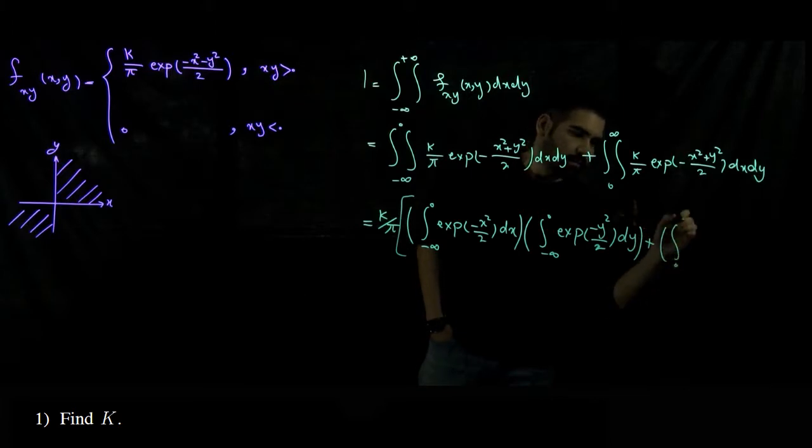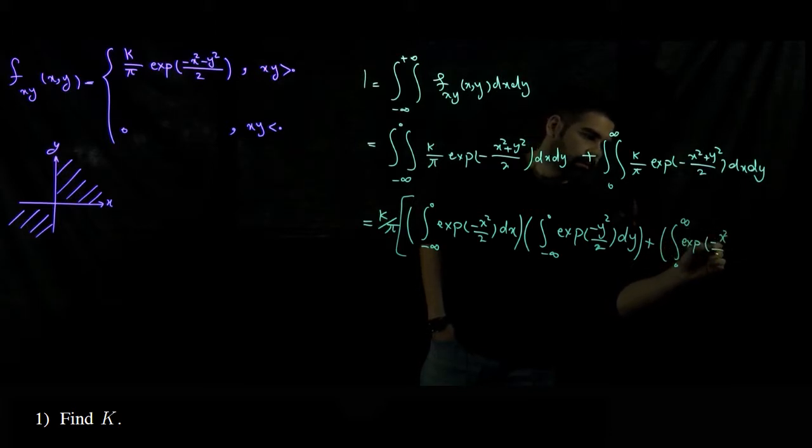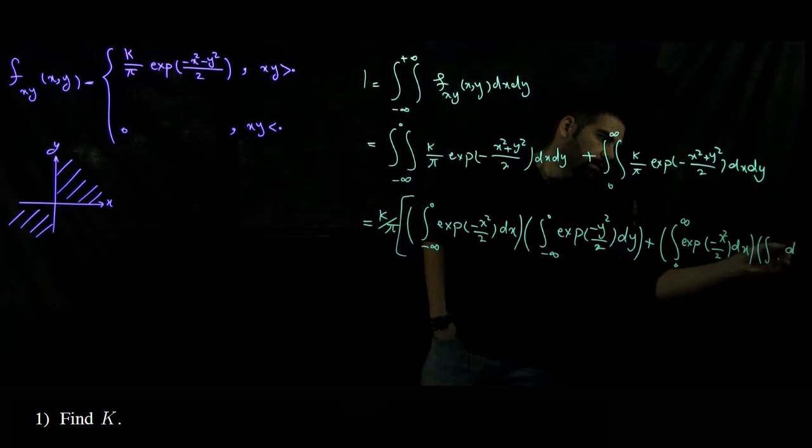The integral from 0 to infinity of exp minus x2 over 2 dx multiplied by the same term in dy.